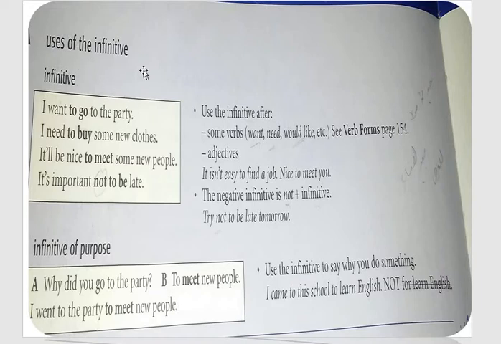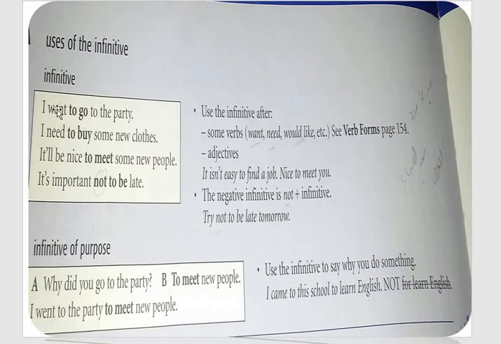Uses of the infinitive. For example: I want to go to the party. I need to buy some new clothes. It will be nice to meet some new people. It's important not to be late. Use the infinitive after these verbs.